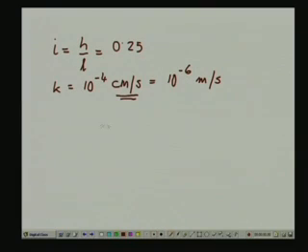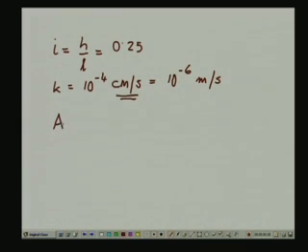So they have a feel for the general magnitude of the property when it is expressed in centimeter per second rather than meter per second, although meter per second is the more appropriate SI unit in this case. Anyway, let's revert back to SI units, because we are going to get the volumetric flow in SI units.